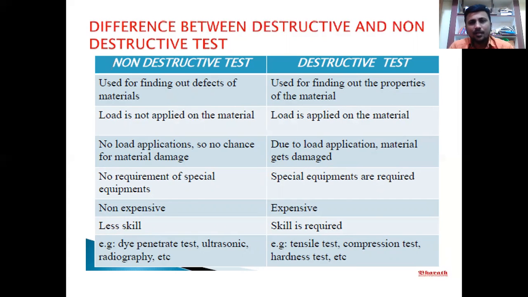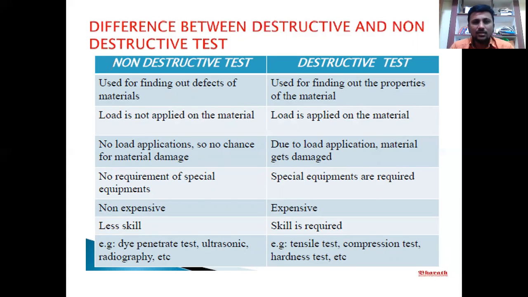Destructive type is used for finding out the properties of the material. With destructive tests you can find only the material's properties, not the defects of the material. This is the first major difference between destructive and non-destructive tests.